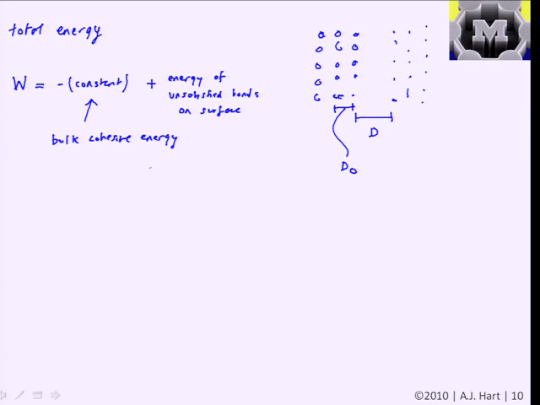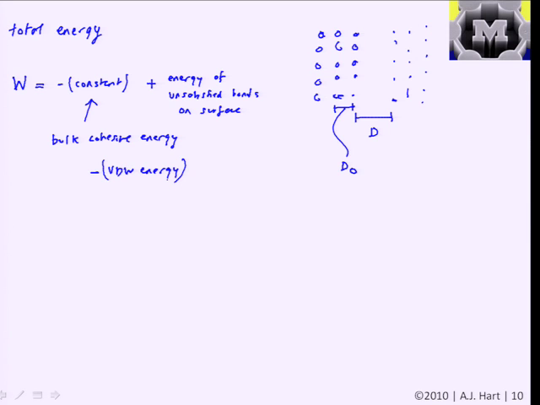And then we'll have another term, which ends up being a negative sign from last time, to characterize the interaction between one surface and the other surface. This is what we calculated last time as the van der Waals energy.